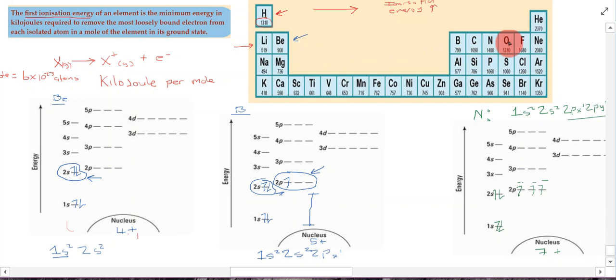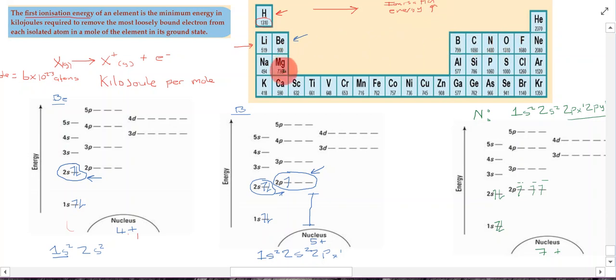So therefore, the screening effect is also reduced, in that you have the exact same number of energy levels between the outer electron and the nucleus. They're all the same along the period from left to right. But what increases is the number of protons that are present within the nucleus. So as a result of that, the pulling force of the nucleus on the outer electron increases.